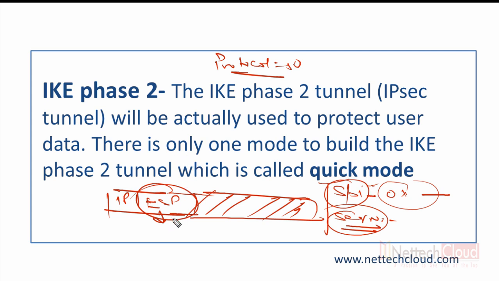The SPI number is encoded here, and with the SPI number the receiving VPN gateway understands how to decrypt the packet and what the other methods are, because that information is stored in the security association database, or SAD, right?